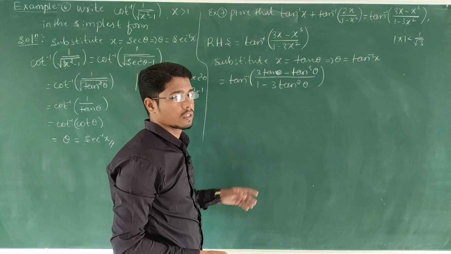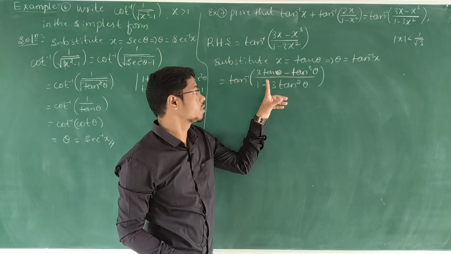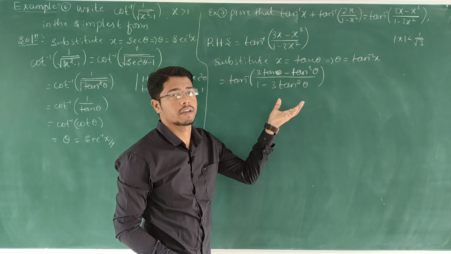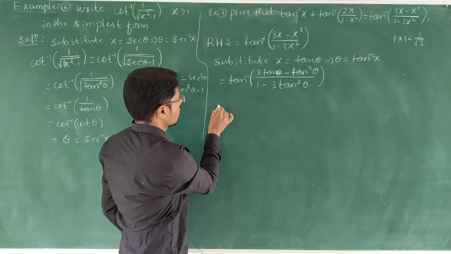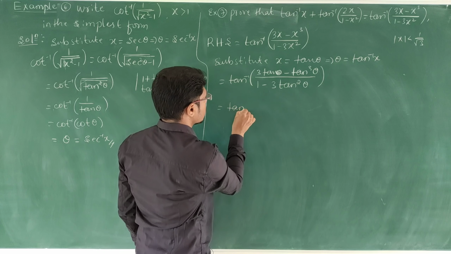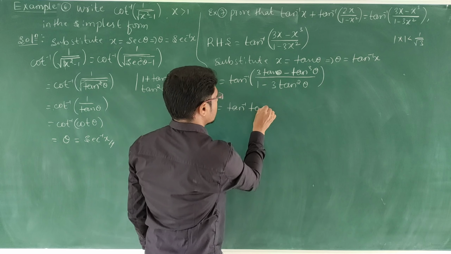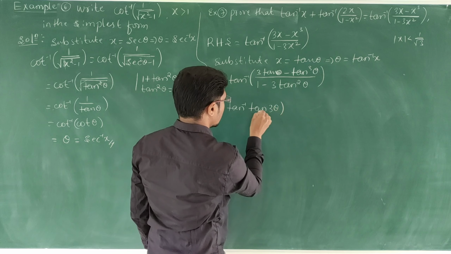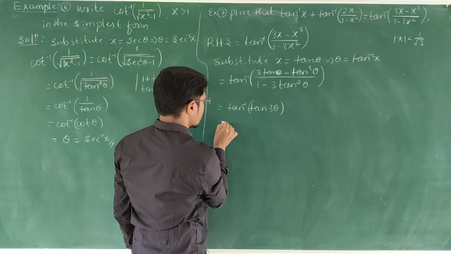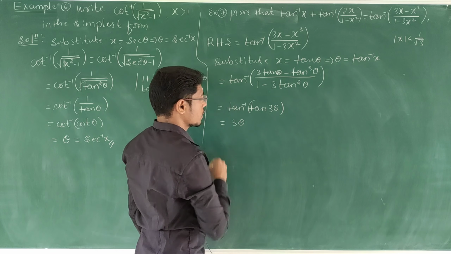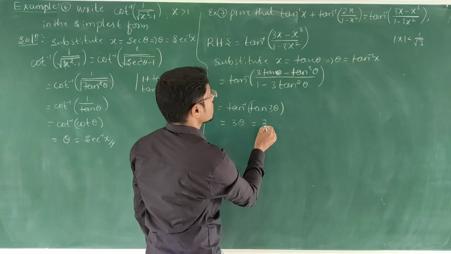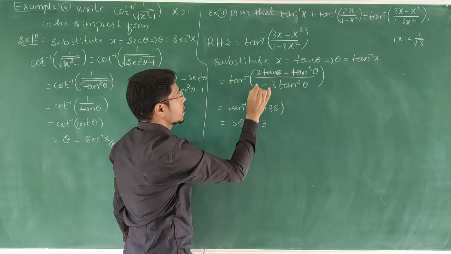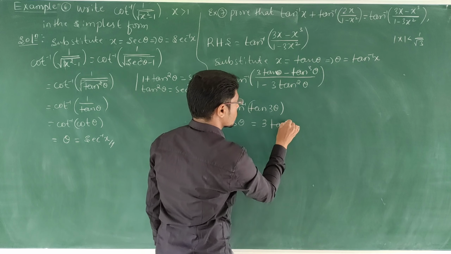So 3 tan theta minus tan cube theta divided by 1 minus 3 tan square theta is the formula for tan 3 theta. Tan inverse of tan 3 theta, tan inverse and tan cancel, and this is equal to 3 theta.